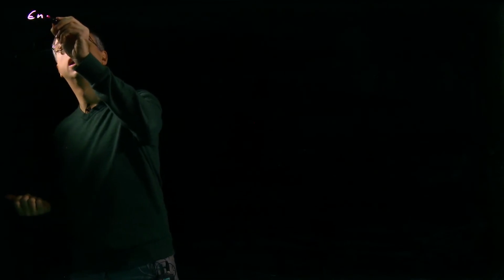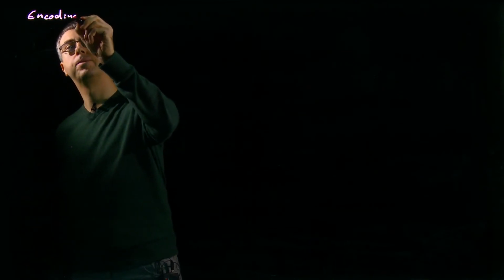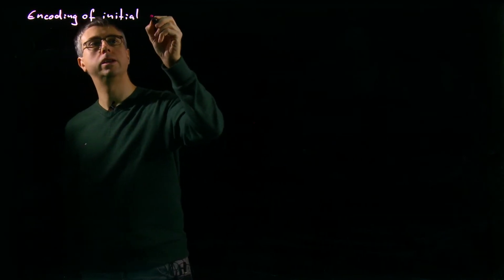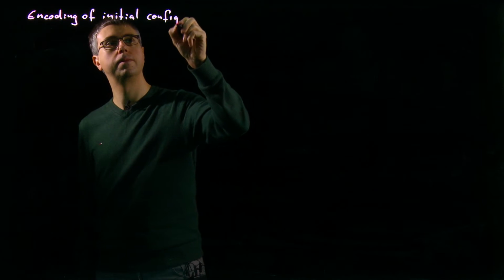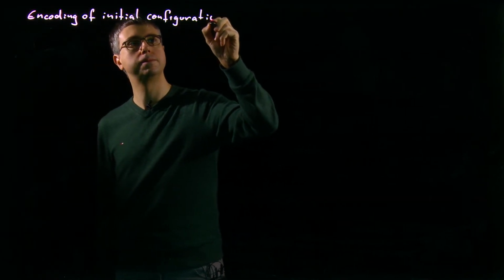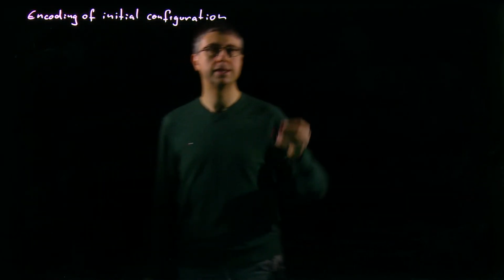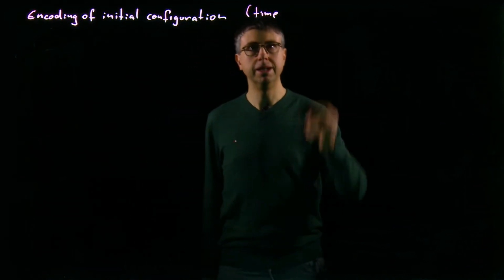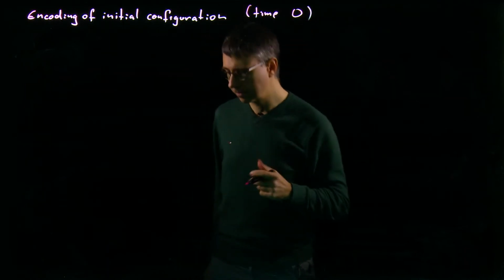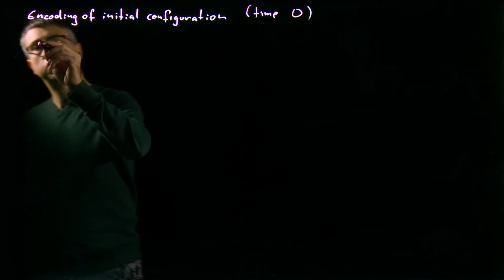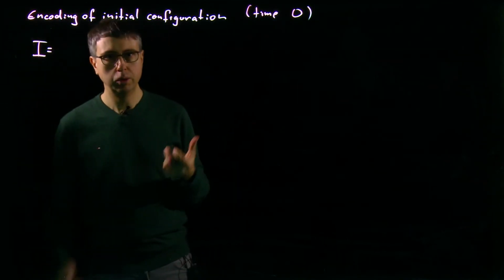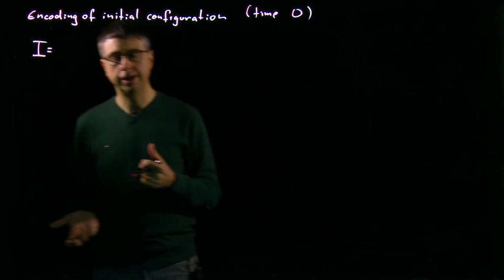Now we start with the encoding of the initial configuration. Initial configuration means the point in time is 0. The first thing we have to encode is that we start at an initial state.